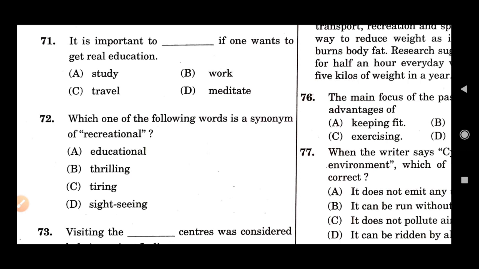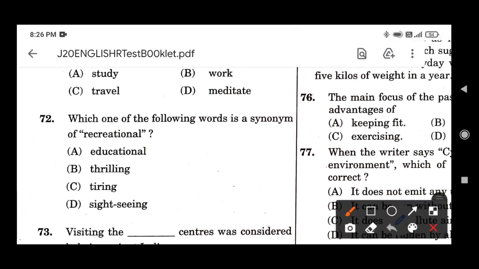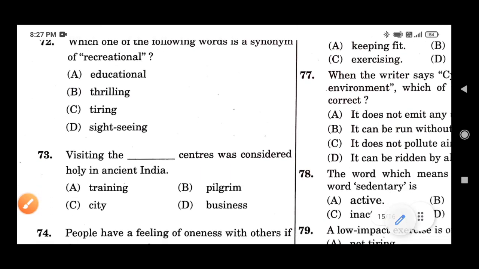The word related to recreational is option B, thrilling. So with recreational tours or recreational travel, we'll get a lot of knowledge. See, this is the second question, answer and discussion.